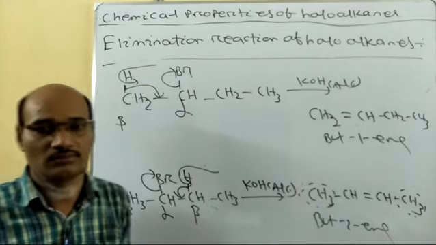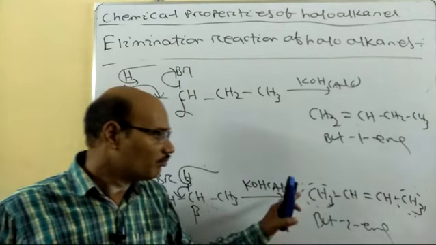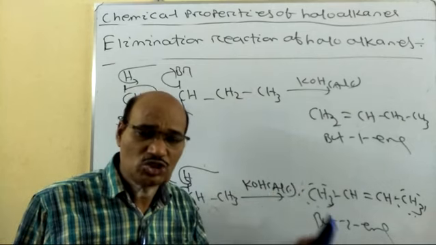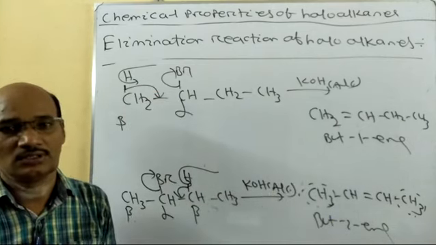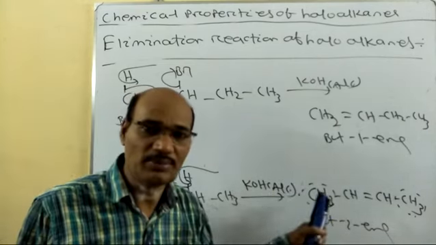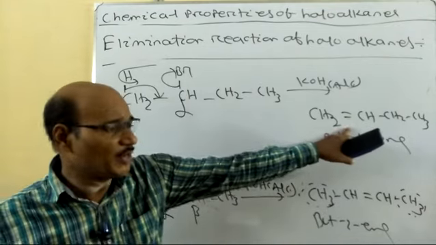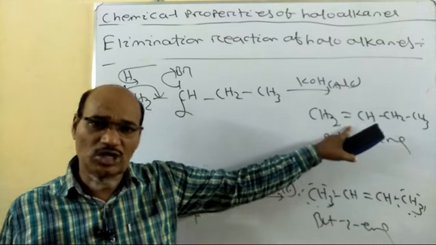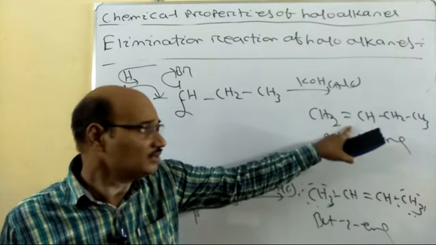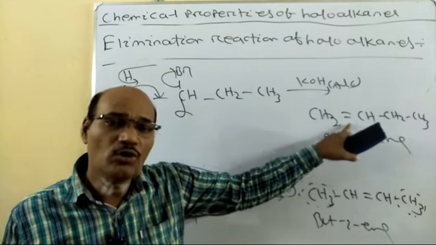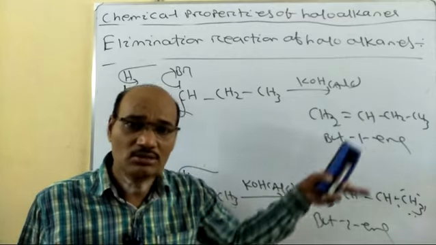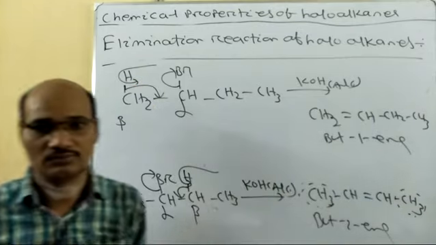That means more resonating structures we can write, and hence the product will be more stable. But here such hyperconjugation is not possible. That means there is no more resonating structure, so it is less stable.